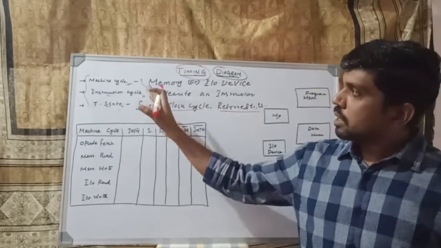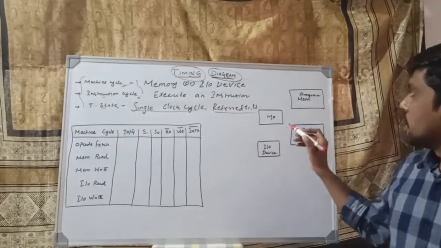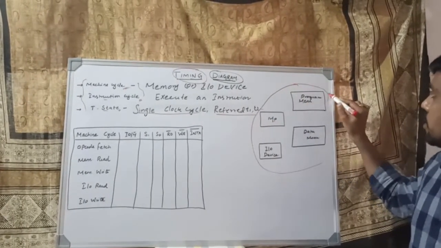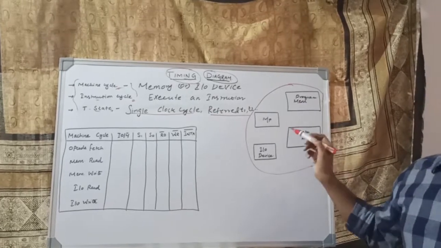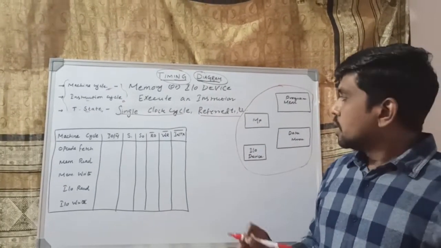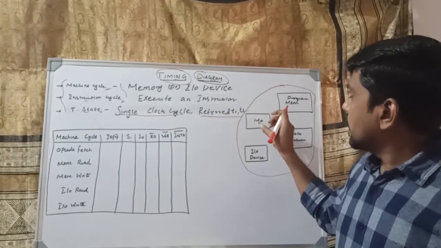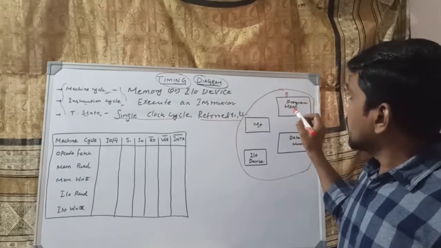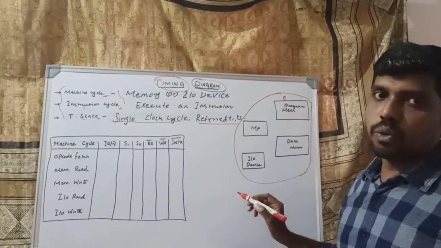In the timing diagram, the microprocessor accesses data, program or IO devices. Where does the microprocessor get information from? The first possibility is program memory.